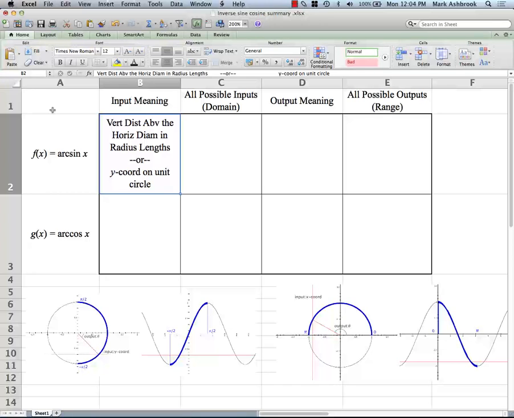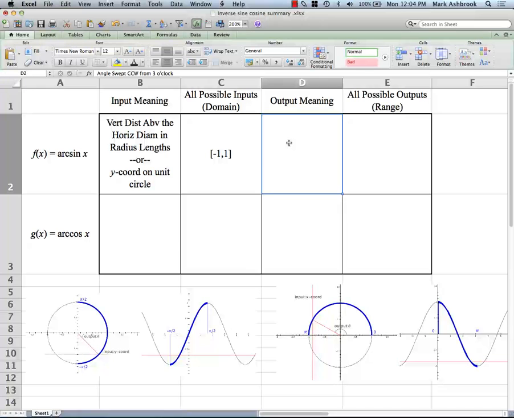So what are all possibilities for the number of radius lengths above or below the horizontal diameter? Jonathan? Right, the furthest down we can go is 1 radius length on the circle. You can't go any lower than 1 radius length below, and the highest you can go up is 1 radius length up at the top of the circle.